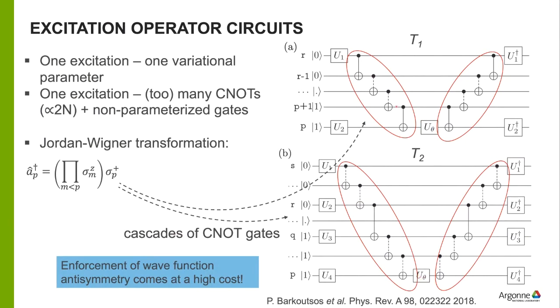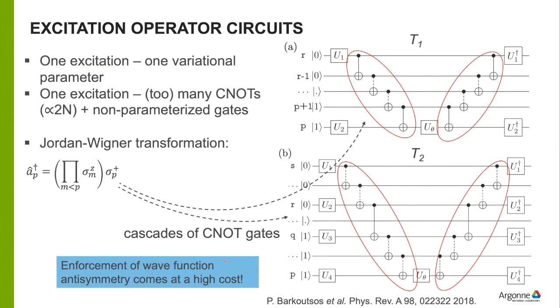And to enforce the parity, the anti-symmetry of the wave function, we end up with these cascades of CNOT gates, which are controlled NOT gates, two-qubit gates that have to connect all the qubits from which we perform the excitation up to the qubit to which we perform the excitation.